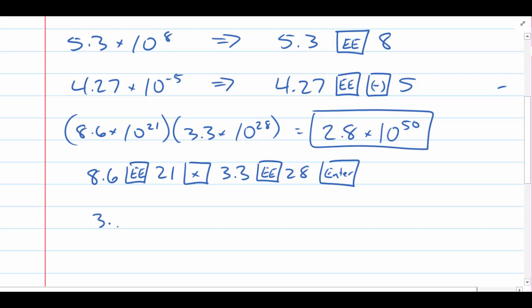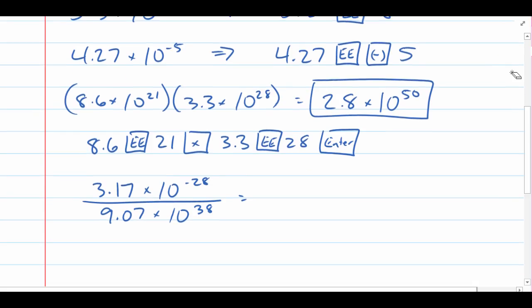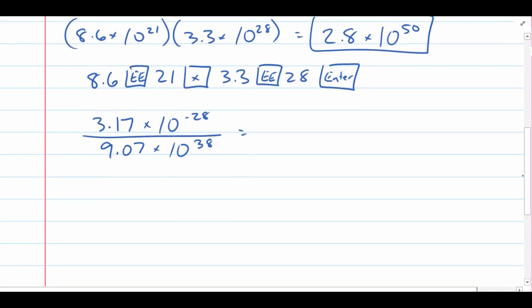Let's take 3.17 times 10 to the negative 28th and divide this by 9.07 times 10 to the 38th. So now remember how these things are entered into your calculator.